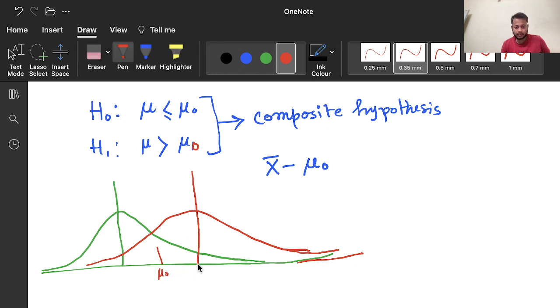You see this side is greater than mu 0, and this side is less than mu 0.